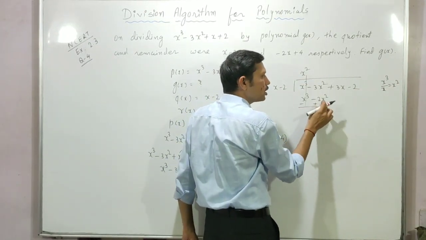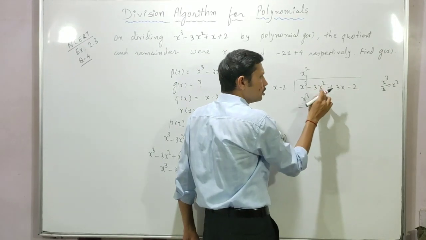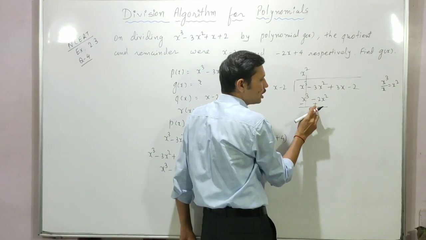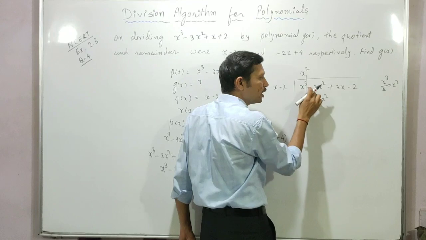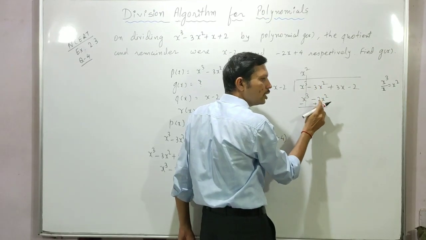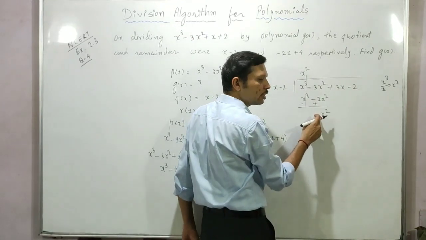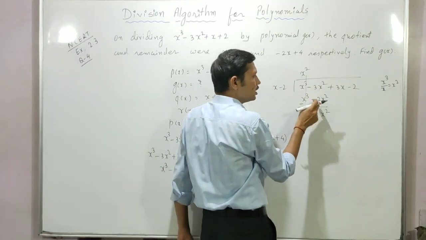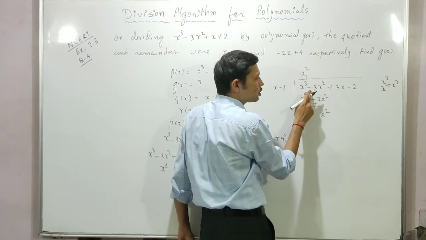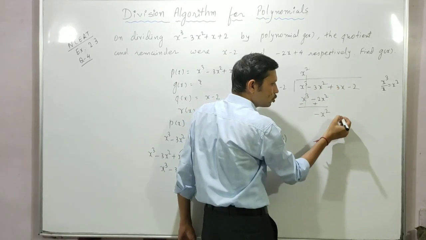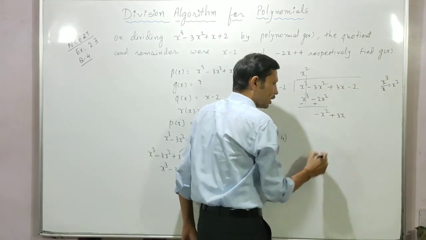These both are like terms, one has the minus sign and one has the plus sign, so different signs, subtracted. From 3, if I subtract 2, I will get 1x square. The 1 is not required to be written, and the sign of the greater term, 3x square, is negative. Now one term should be carried here, it's plus 3x.